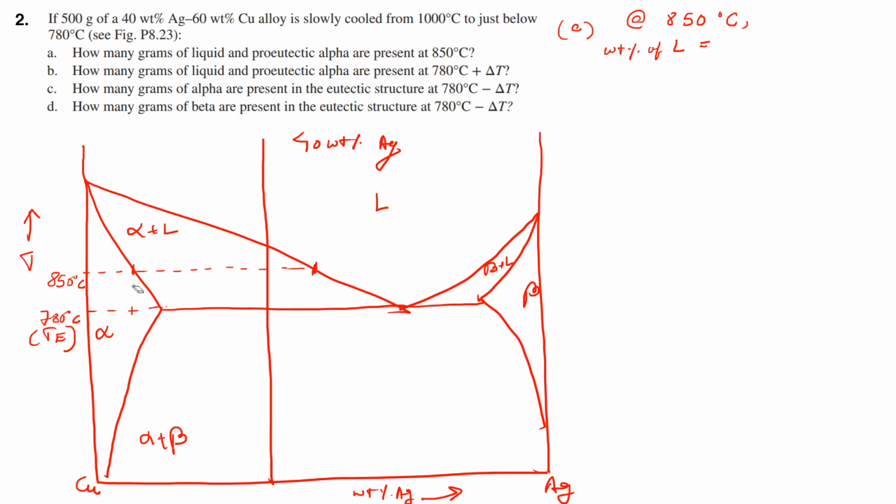Write it yourself. So it can be given by 40 minus 7.9 divided by 52 minus 7.9 times 100%, which gives us about 72.8%.